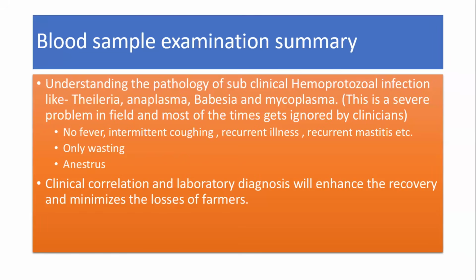Because these animals do not show any fever, they will show intermittent coughing, recurrent illness, recurrent mastitis, and maybe get cured by some routine treatment, but the subclinical infection remains in that particular animal. The animal will show wasting and anestrus. So whenever animals show anestrus in spite of good minerals and good quality feed, we should suspect chronic or subclinical hemoprotozoal infections.